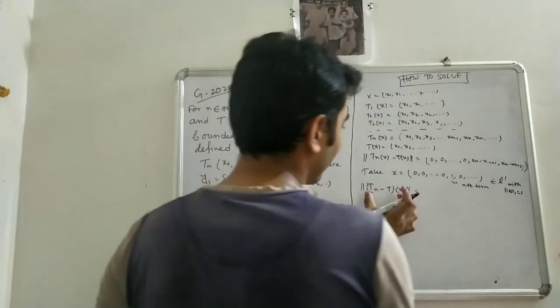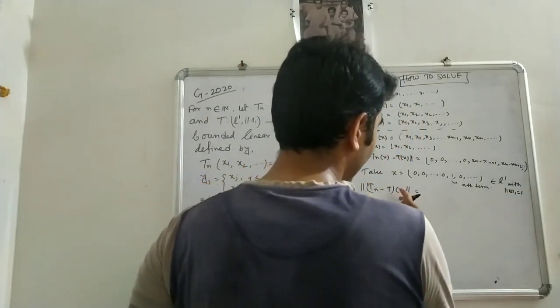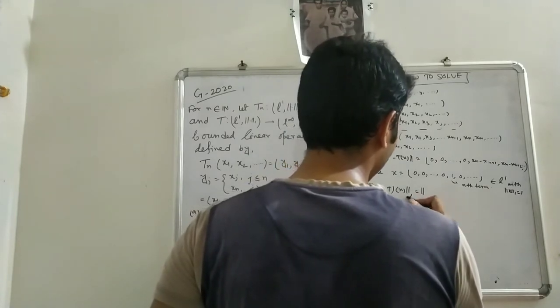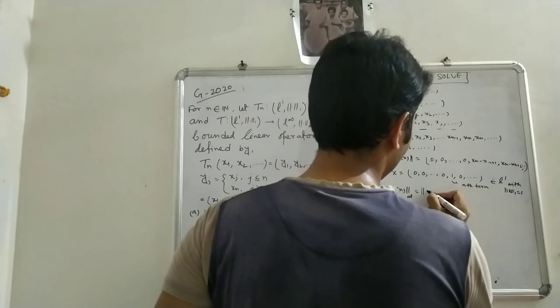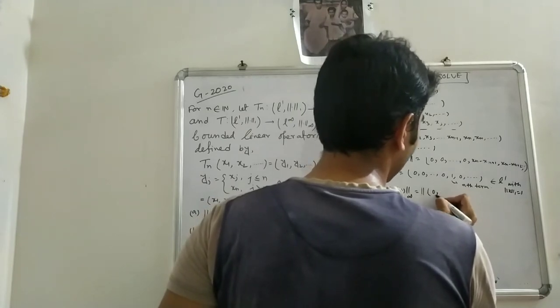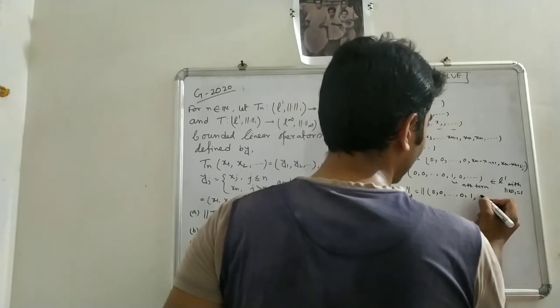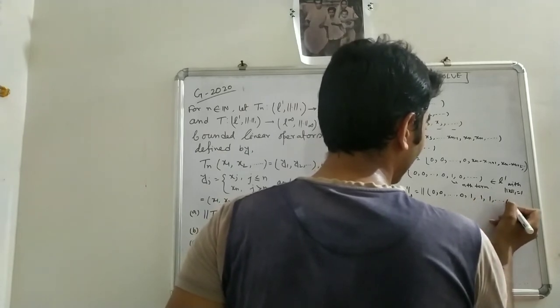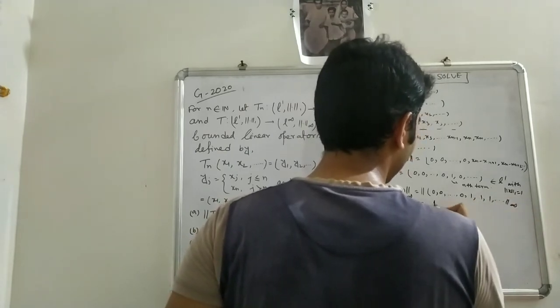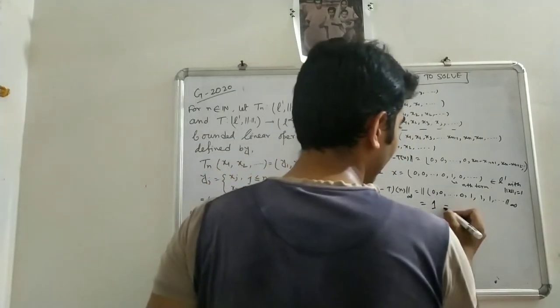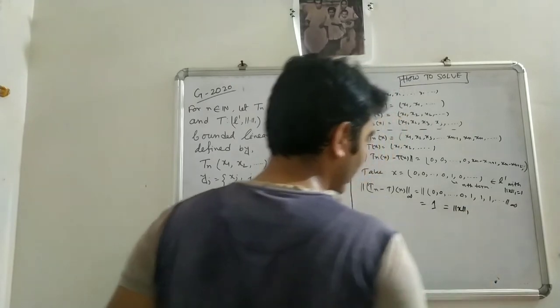So the norm of Tn minus T applied to x is equal to the norm of 0, 0, 0 and 1, 1, 1 and so on, in the infinity norm, and this is equal to 1, which is equal to the norm of x1.